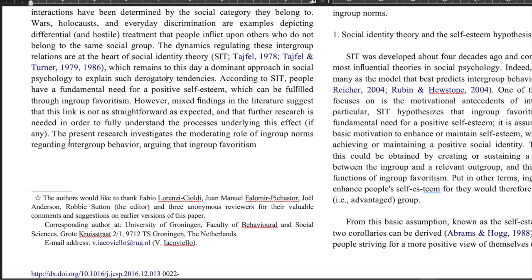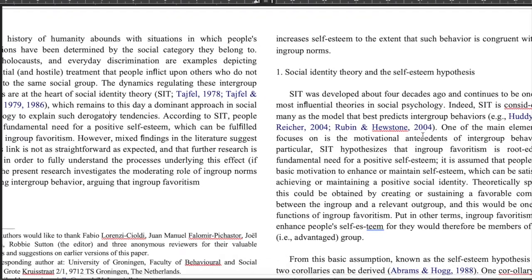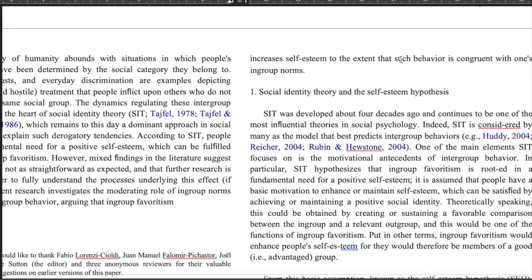Right. So the present study investigates the moderating role of in-group norms regarding intergroup behavior, arguing that, so he's already discussing the hypothesis, arguing that in-group favoritism increases self-esteem to the extent that such behavior is congruent with one's in-group norms.